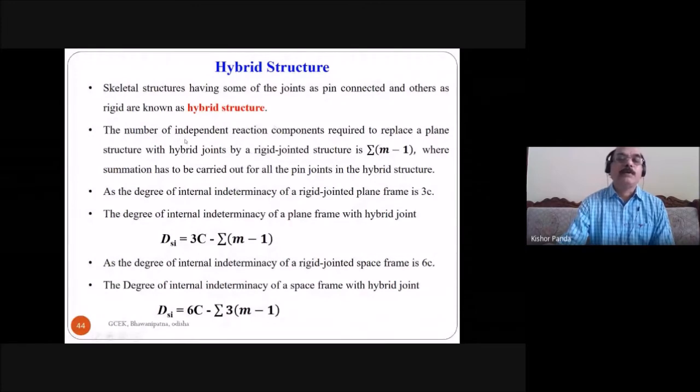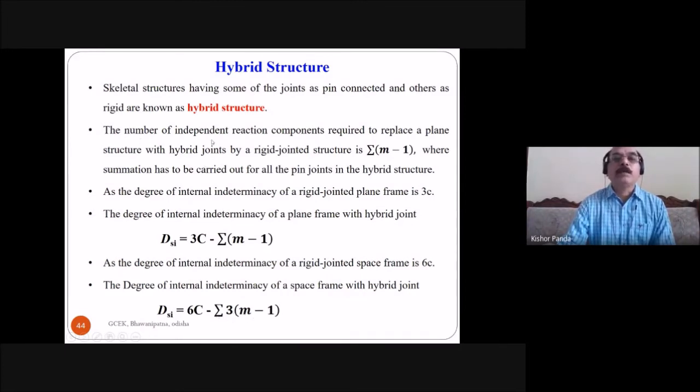So in hybrid structure, you can find out the internal indeterminacy of a plane frame with hybrid joints as 3C minus summation of m minus 1, and for the space frame, you can find out the degree of internal static indeterminacy as 6C minus summation of 3 into m minus 1.